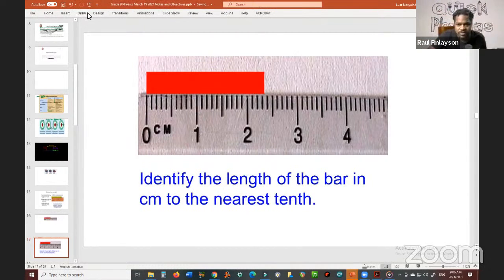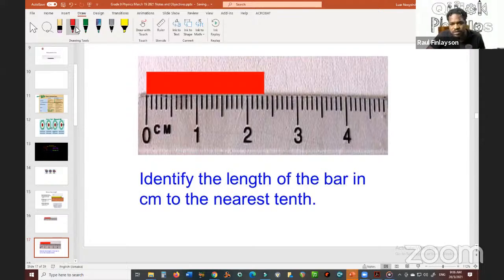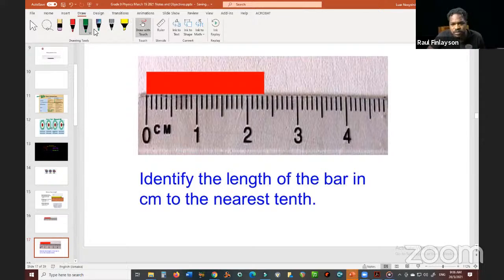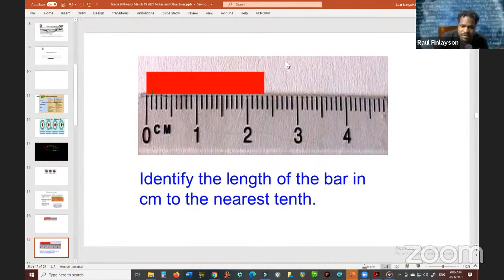Let's get a color here that we can identify easily. So there's 0, and of course this first space is 1/10, which we write as 0.1. Then you're going to have 0.2.